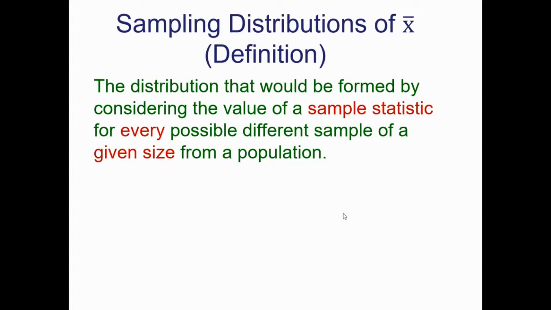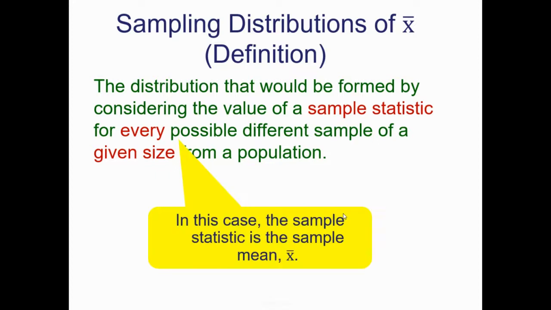If I was wanting to estimate the height of this class, I could pick samples of 2. The sampling distribution would be the average of every possible combination of two people in this class. So in this case, the sample statistic is the sample mean, which is X bar.